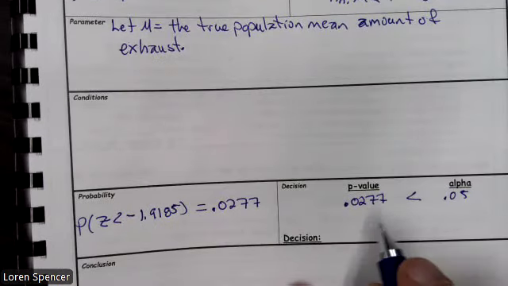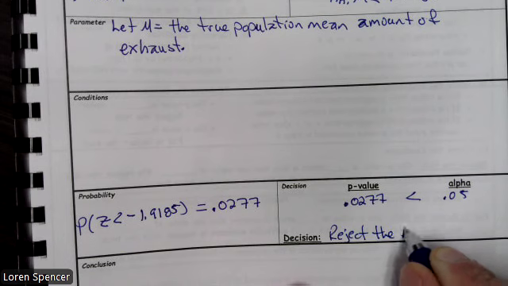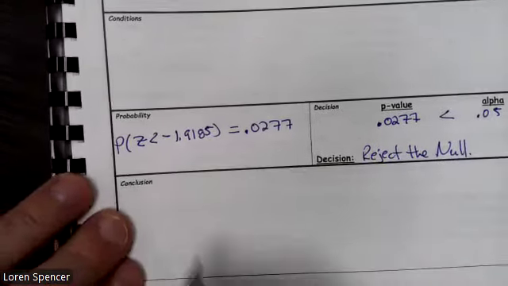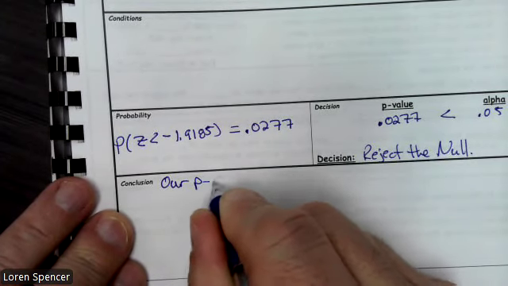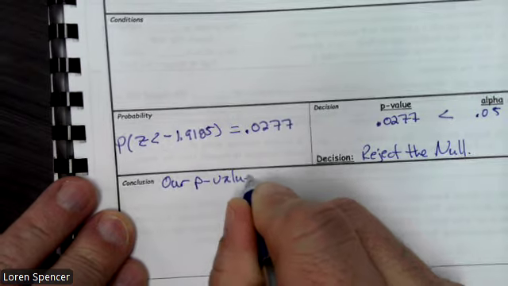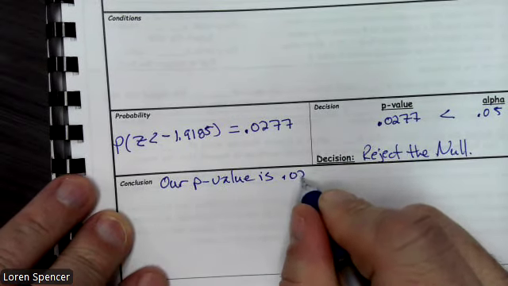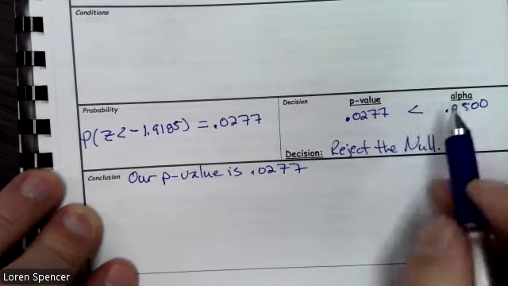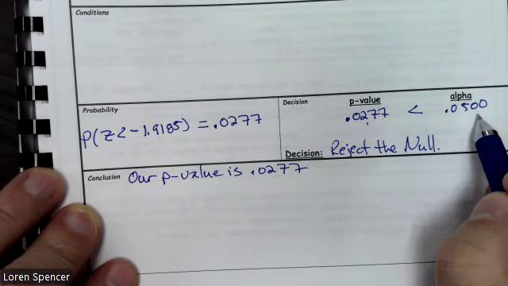And our decision is to reject the null. So our conclusion: our p-value is 0.0277. By the way, I should have made these the same length, because clearly you can see that 0.0277 is less than 0.05.